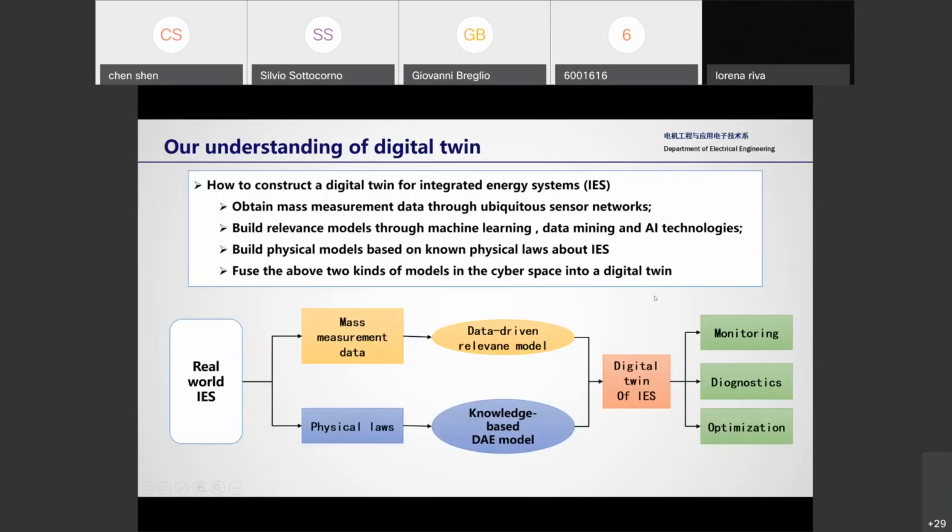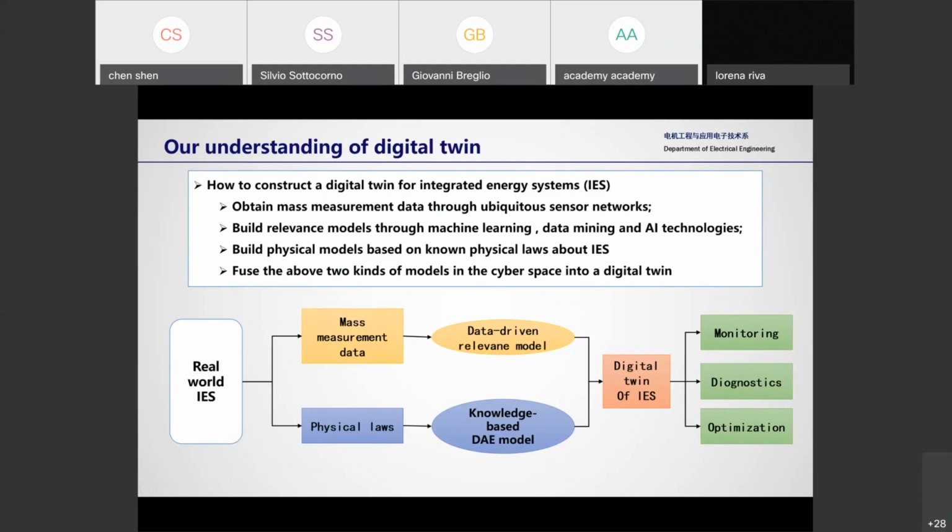To build the digital twin, we think that we need to build a knowledge-based differential algebraic equation (DAE) model for IES, according to some physical laws. And we also need to build a data-driven relevance model using mass measurement data.